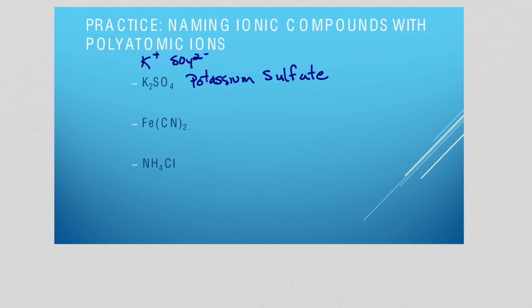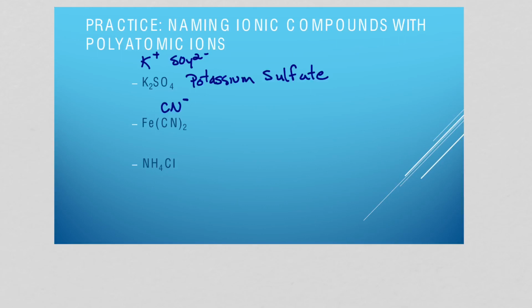But look at this one. We have an Fe, an iron, and we have a CN ion. We have two of them. So again, iron is a metal that can form multiple charges. So how do we know what the charge is? Well, we base it on what the negative ion is. So if we remember that this is the cyanide ion, right? CN minus 1.